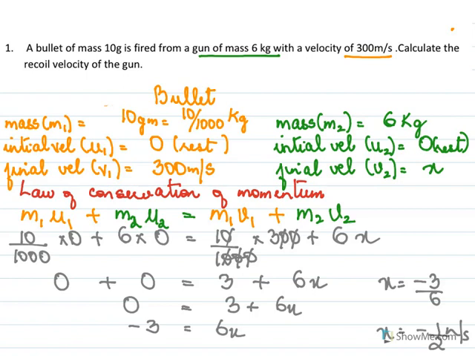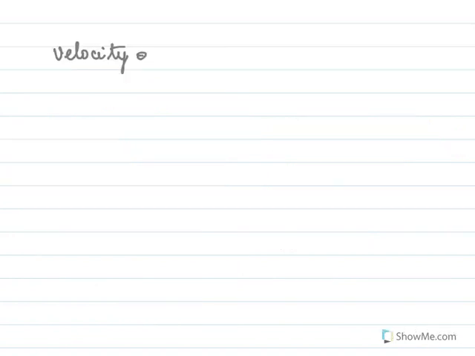Now why did we get the negative sign? Here the velocity of the gun we got as minus 1 by 2 meter per second, and if you remember, that of the bullet was 300 meter per second.